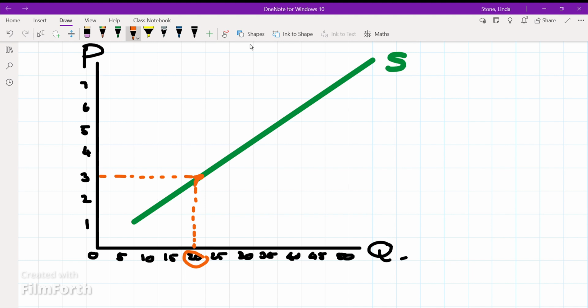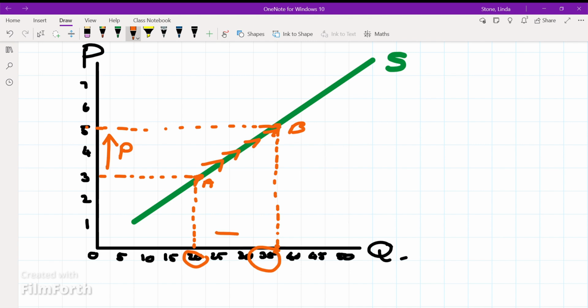But if the price now increases to 5 Rand, then there is a movement along the curve from point A to B. So there is an upwards movement along the curve. And the firm is willing and able to supply 35 cans of beer.